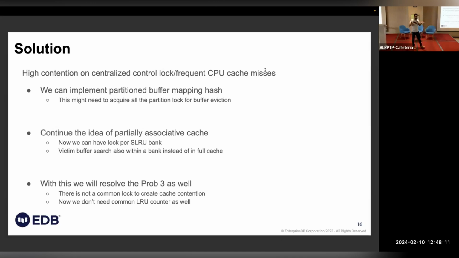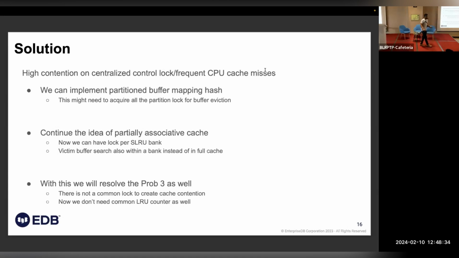Each partition can be mapped to a single independent lock, so that the lock contention is removed. But there again, the eviction problem remains the same. If you keep the same big buffer pool, eviction is the same problem here also. So again, we continue the idea of the partially associative cache for the second problem also.